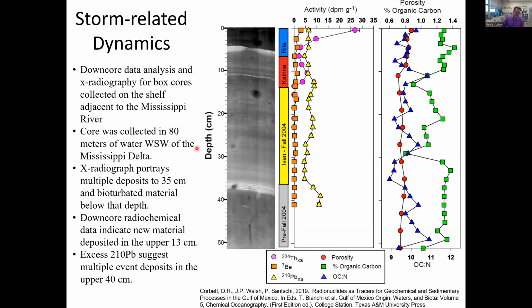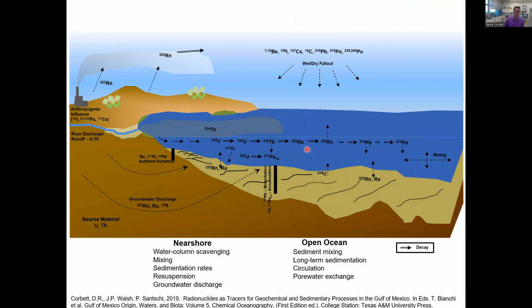And in fact, it's a really interesting story, and some of that is published here, that gets into how these storms pulse across the shelf, sending sediments from shallower waters into deeper waters. This was collected in about 80 meters of water. But it's those short-lived radionuclides that really helped us provide a better understanding of how sediments were being transported across the shelf and the timing of that, using the combination of lead-210 with beryllium-7 and thorium-234.